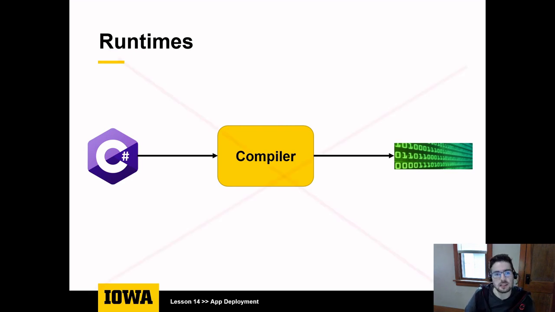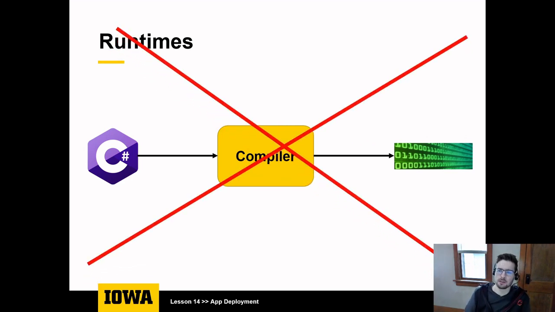This is actually not true in the C# programming environment. There are some intermediate actors in between during this process, and one of them is the .NET runtime. We're going to flesh out those details here because this is our main technical requirement that we will require of a user in order to run a C# app.